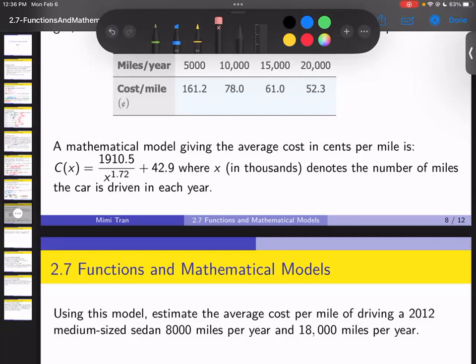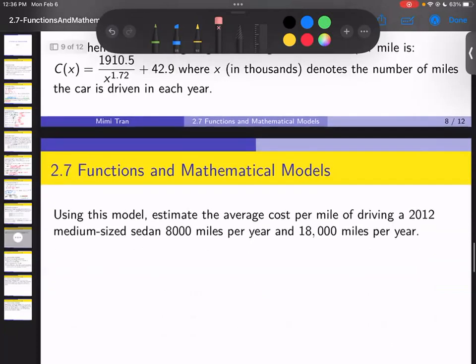Now X is in thousands. So they give you 8,000, you should plug in just 8. So X is in thousands.